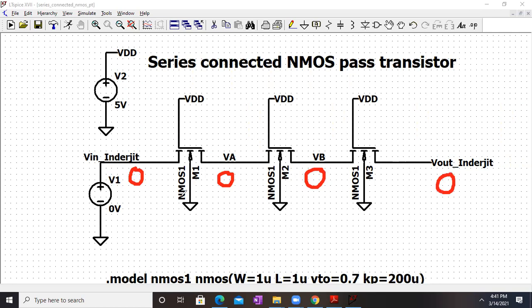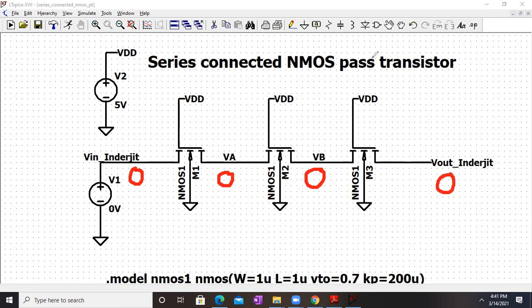Logically speaking, if we pass a low logic, that is a logic 0, the output should receive logic 0 without any problem. So we have a chain of three transistors, and down the chain we still get logic 0. Let us confirm whether we really get this logic 0 voltage or not.